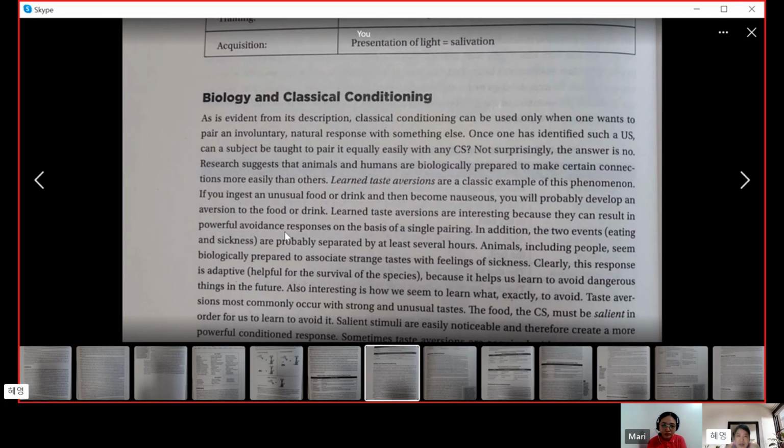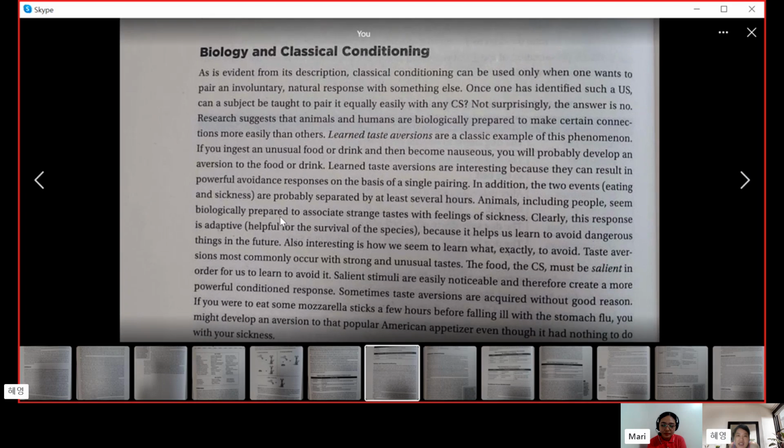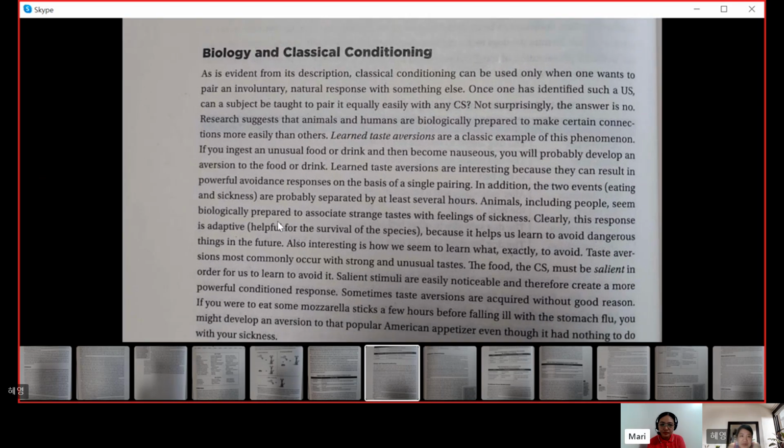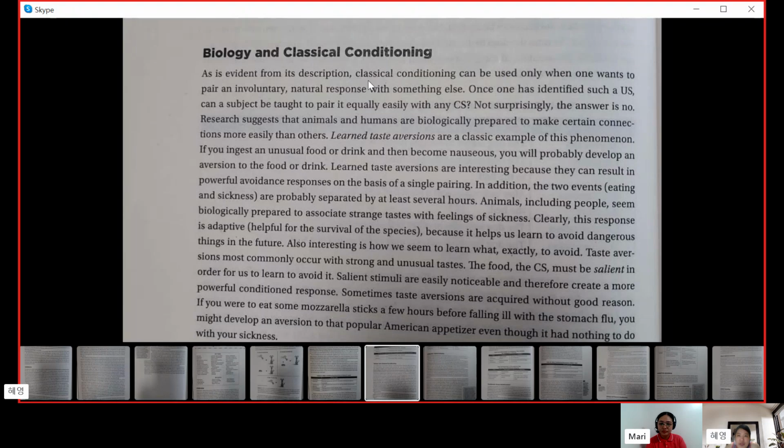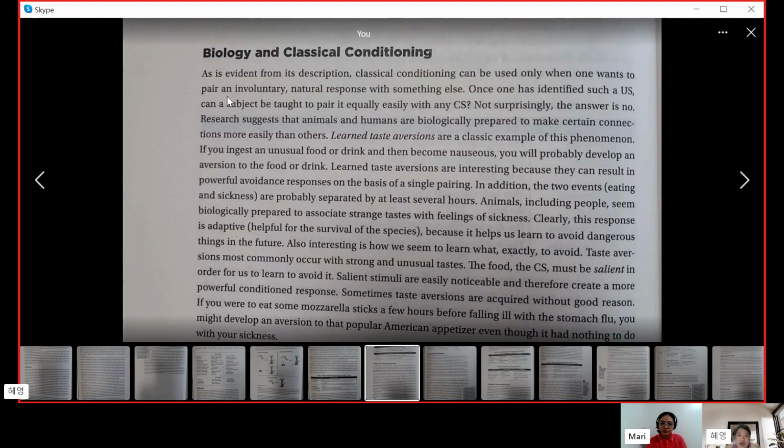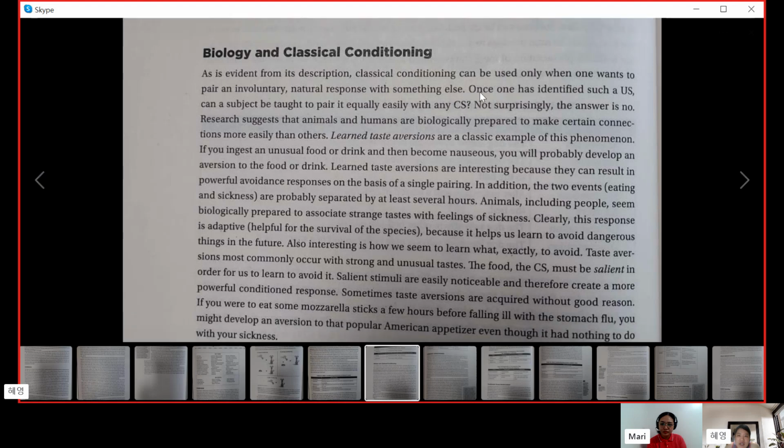And now look at biology and classical conditioning. As is evident from its description, classical conditioning can be used only when one wants to pair an involuntary natural response with something else.